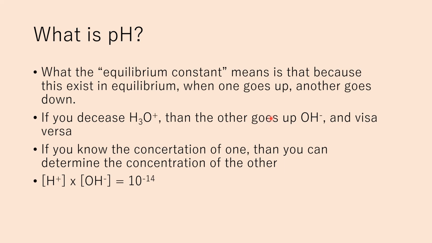You can take advantage of this relationship: if you know the concentration of one, either hydrogen ions or hydroxide ions, then it's possible to determine the concentration of the other, a concept that will be important later.